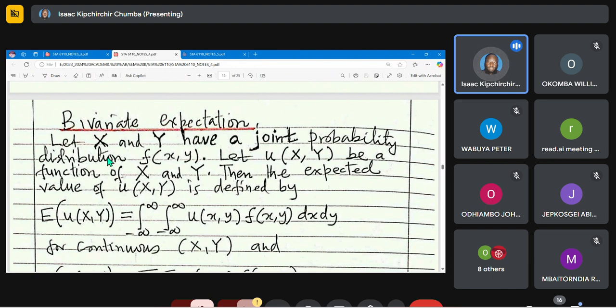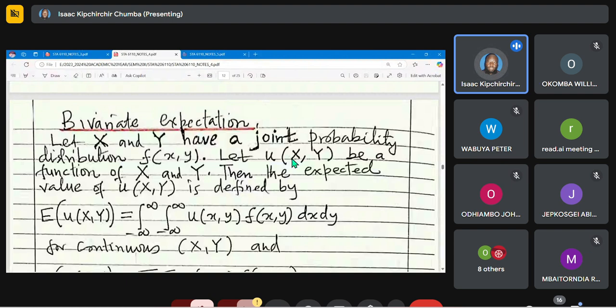So let X and Y have a joint probability distribution f of x, y. Let u of x, y be a function of X and Y. So I've defined a function of the random variables. It is also a random variable, because we know a function of random variables is a random variable. So we can find its expected value.